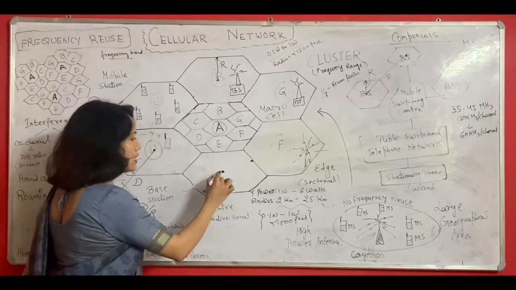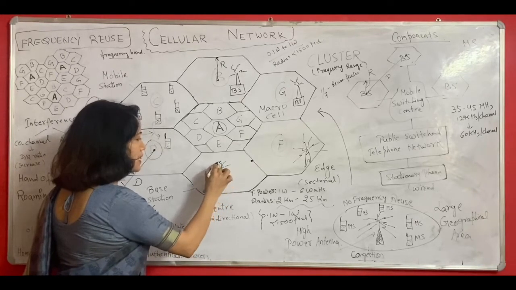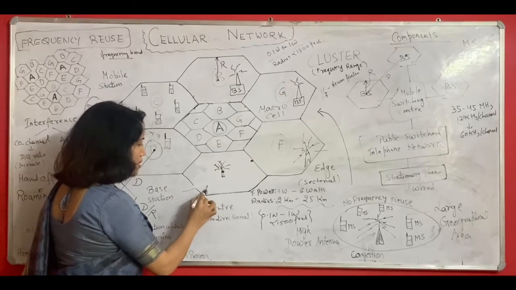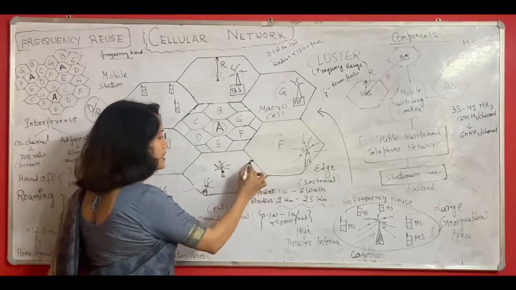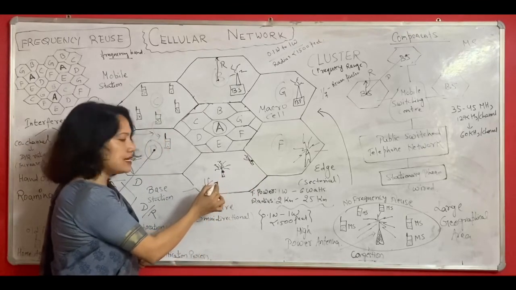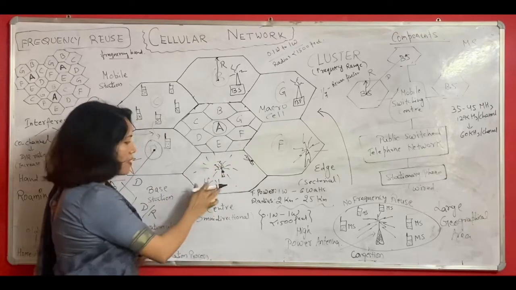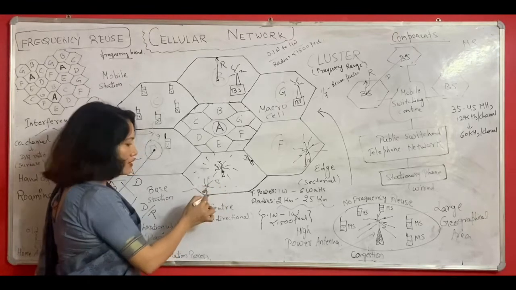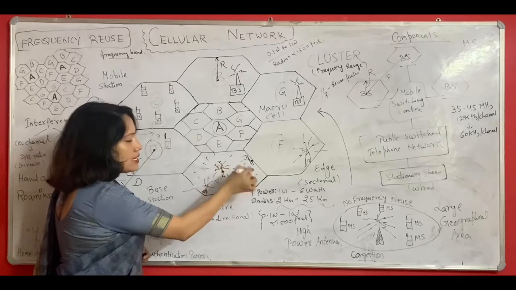If the antenna is placed at the center, it is called a center excited antenna. If it is placed at the corner, it is called a corner excited antenna, and if it is placed at the edge, it is an edge excited antenna. Now the centrally placed antenna can radiate and communicate in all directions, whereas a corner placed antenna can radiate only in a specific direction, and similarly the edge placed antenna can only communicate in a certain direction.